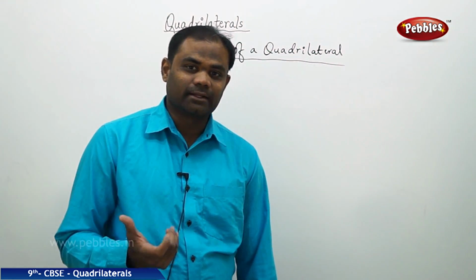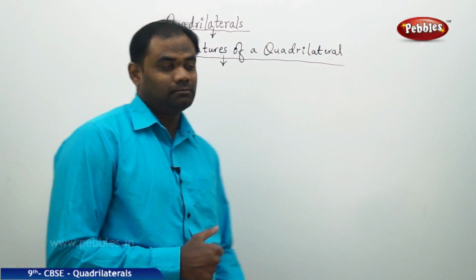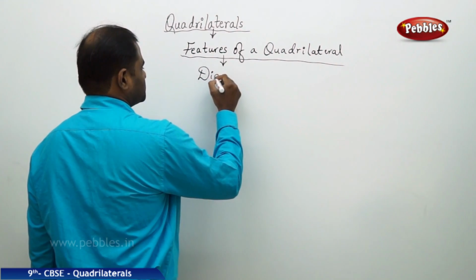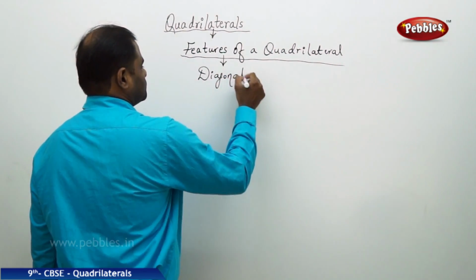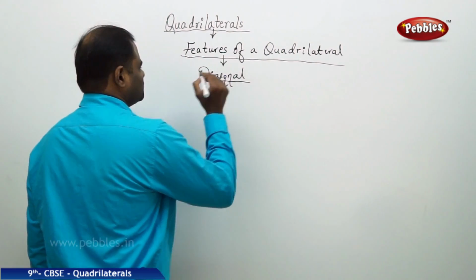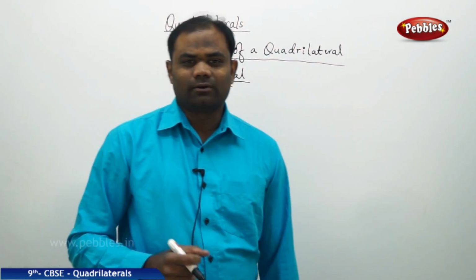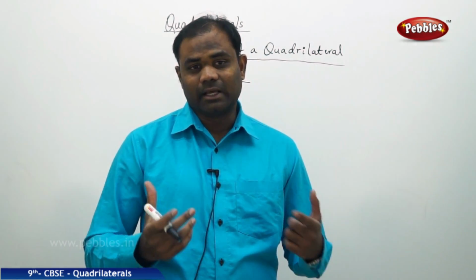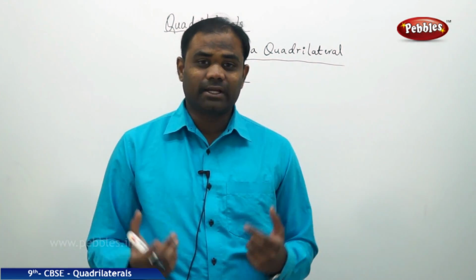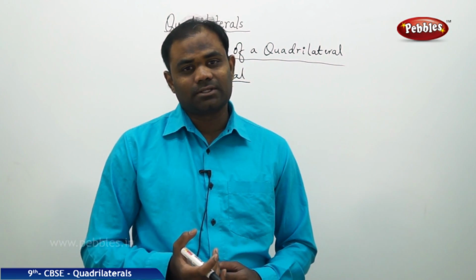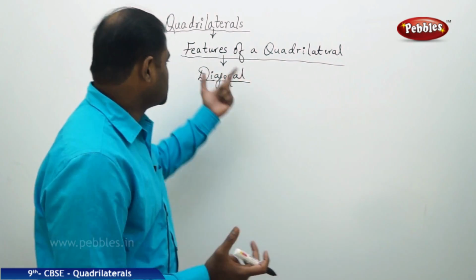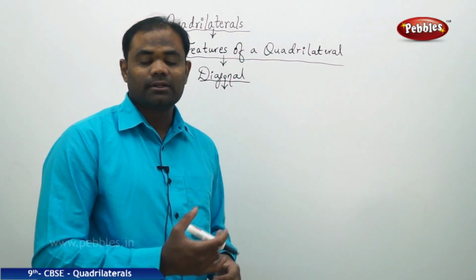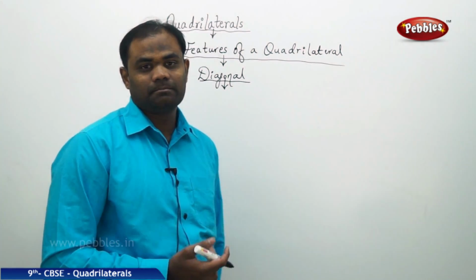Let's see what a diagonal is for a quadrilateral. What is a diagonal in a quadrilateral? Now that we have discussed vertices, the angles, the lengths or sides of a quadrilateral, the next important concept in the features of a quadrilateral is diagonal. So let's see the diagonal of a quadrilateral.